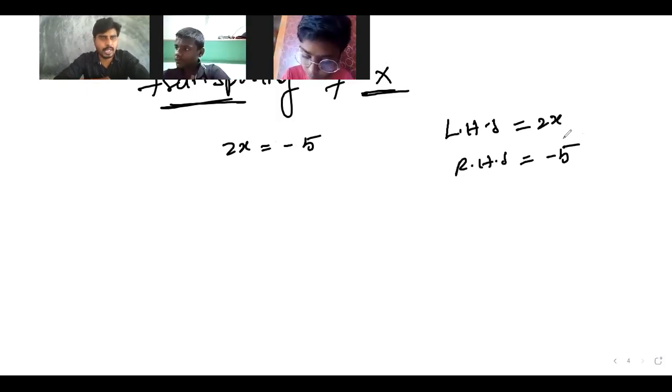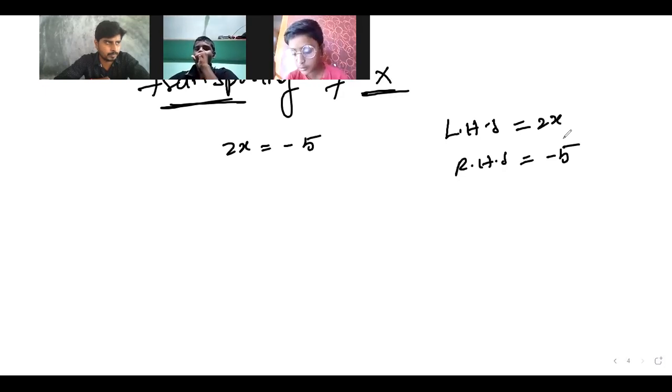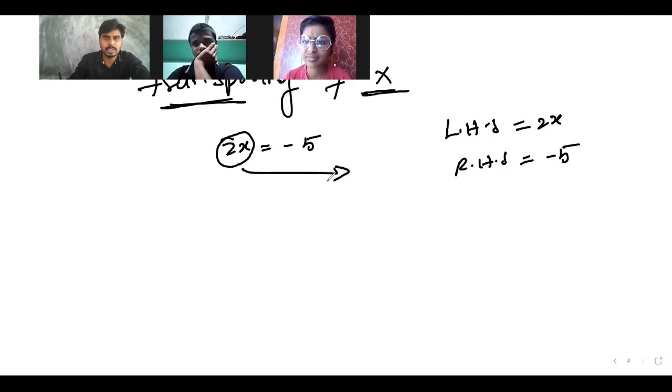See, how many terms do we have here? What are they? 2x and minus 5. So look at 2x. It's a combination of 2 and x having a multiplication sign between them. Even though it is considered a single term, as we learned in the previous case, we can transpose the 2 to this side.